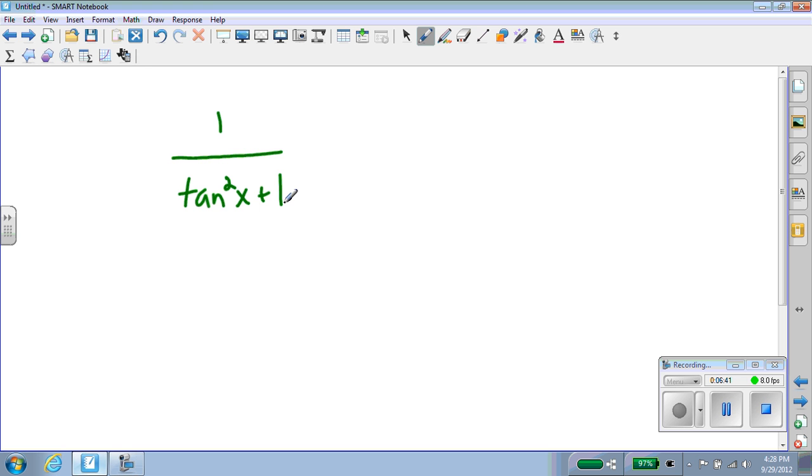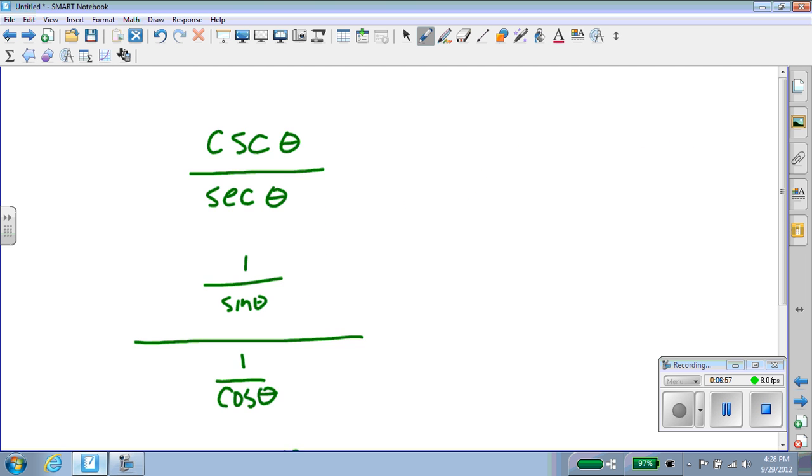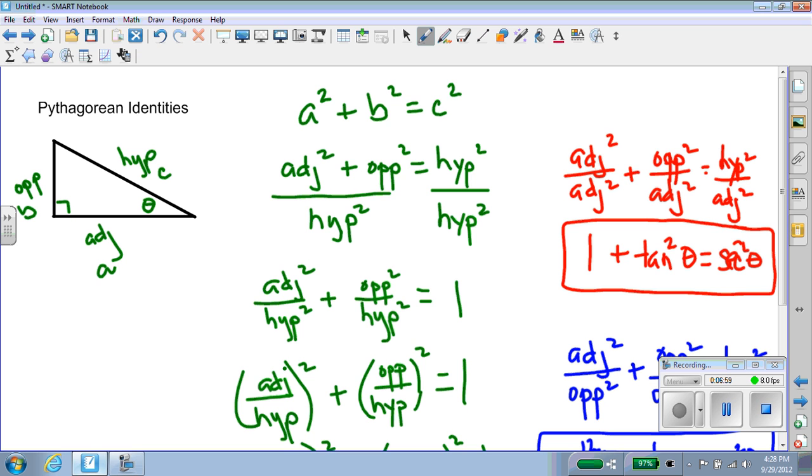And all of those things might move me forward, but if I recognize tangent squared x plus 1 as part of a Pythagorean identity, I'm going to get to a simpler answer very quickly. So let's go back and look at our Pythagoreans. 1 plus tangent squared theta is the same as secant squared theta.